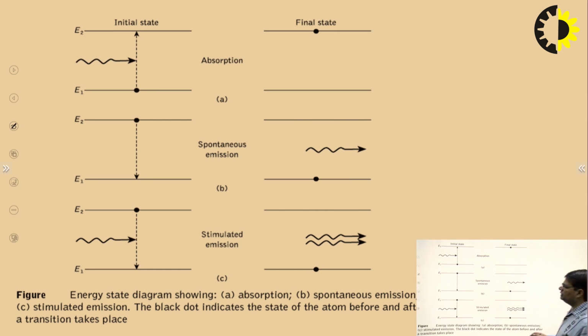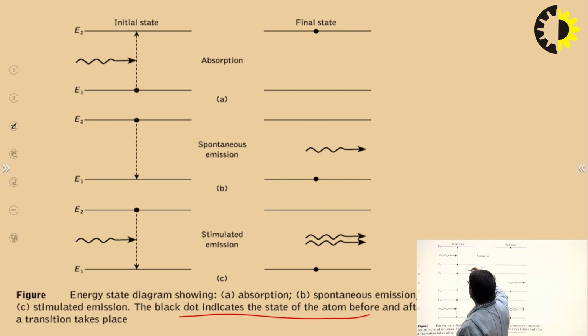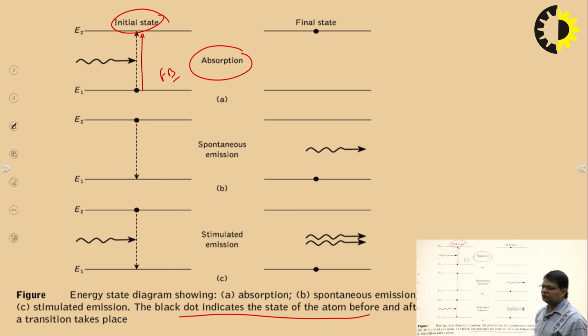This is the working principle shown in the form of a diagram. Initially, whenever we forward bias, the atoms gain energy and go into the higher state. This process is known as absorption. So after absorption, we have the particle in the higher state.